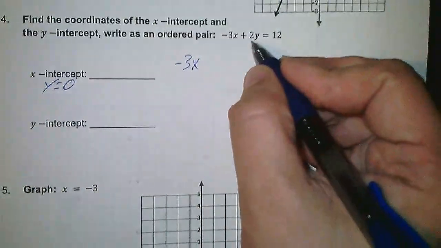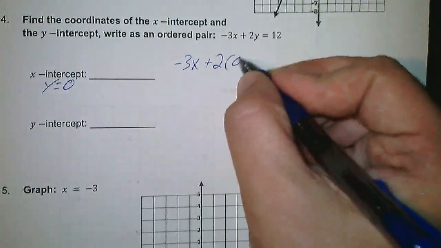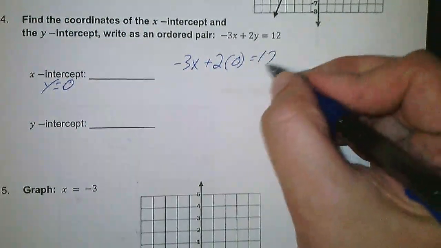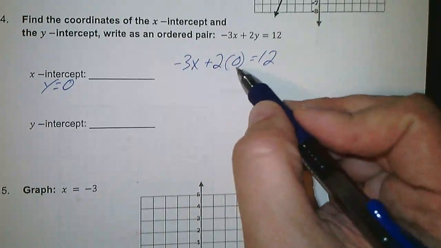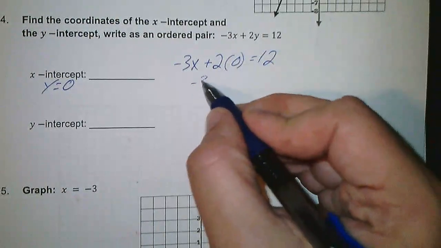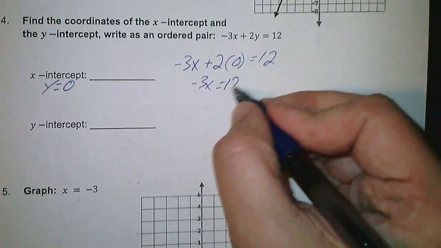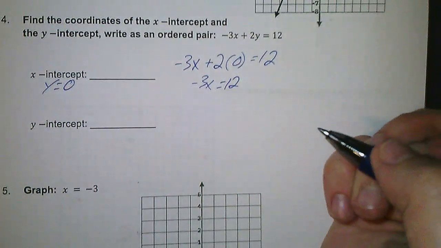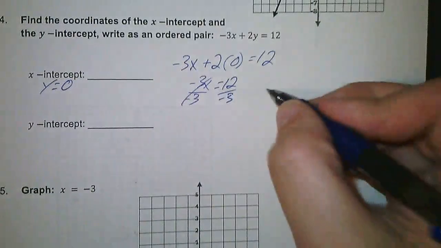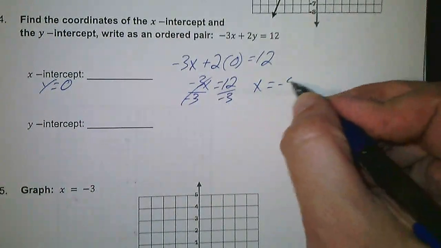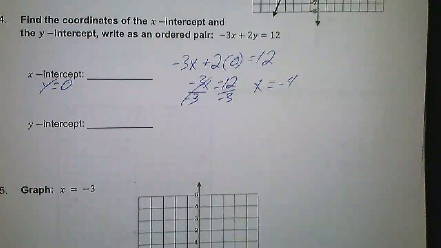So we can take our equation here, plug 0 into y. 2 times 0 is 0. It goes away. Negative 3x equals 12. Divide both sides by negative 3. And x equals negative 4.